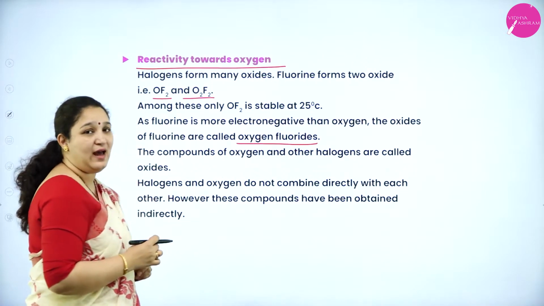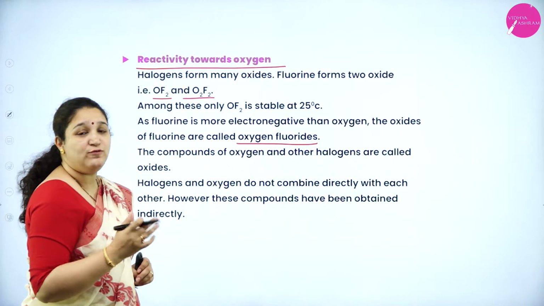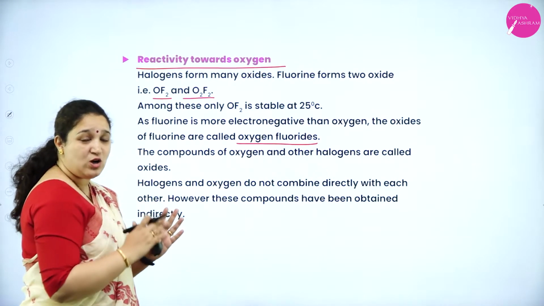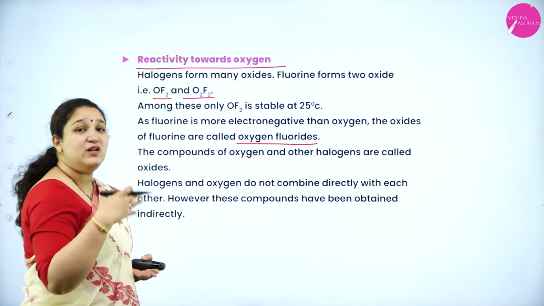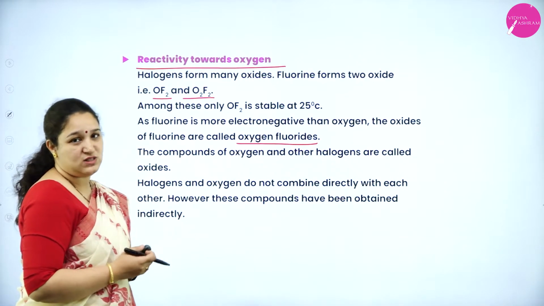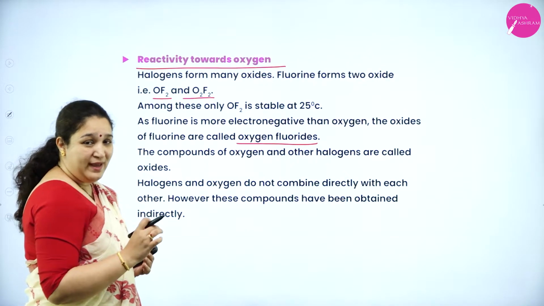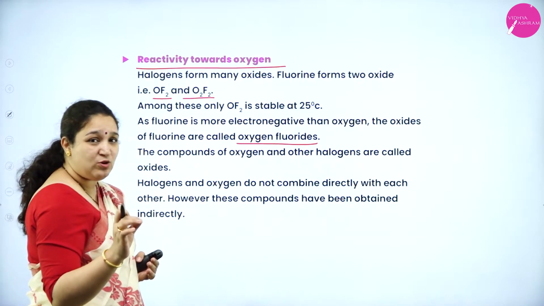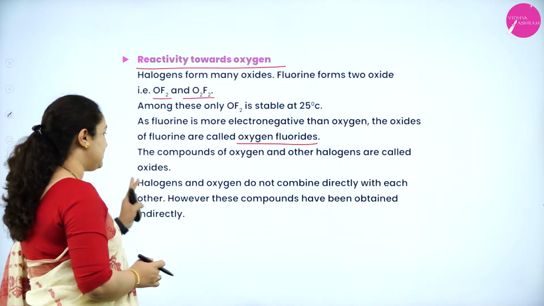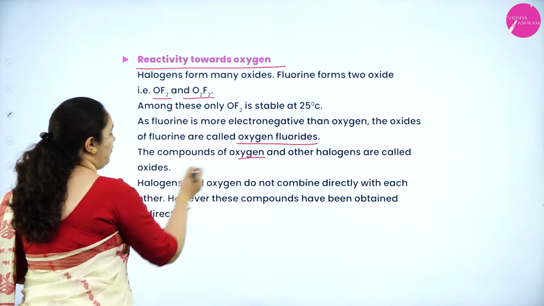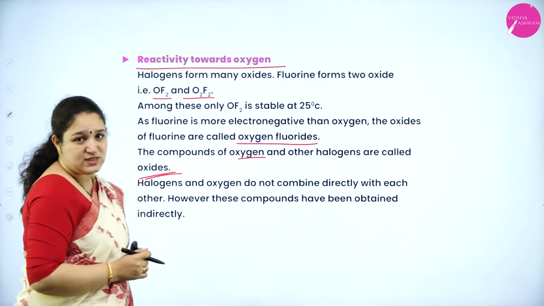We do not call them oxides of fluorine. We call them oxygen fluorides. Why exactly? Because fluorine is more electronegative than oxygen. Rest all the compounds of oxygen we call as oxides itself.